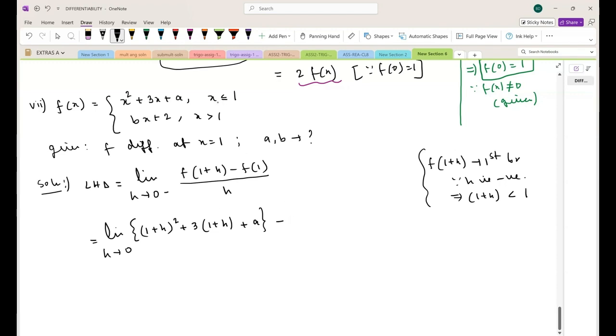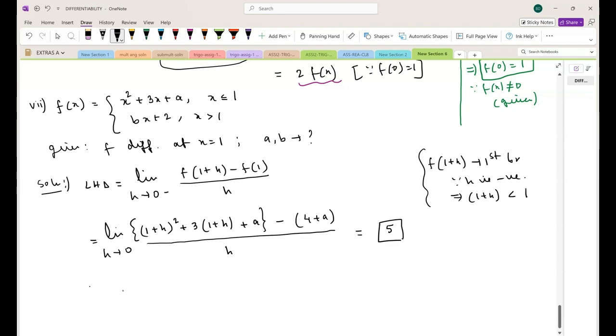Here you see when x equal to 1, again the first branch acts. So this time just put the value of x equal to 1 in the first branch. So it is 1 plus 3, 4 plus a. So it's (4 plus a), minus (4 plus a) whole divided by h. So if you calculate this, then you will get the value 5. I'm just skipping the steps here.